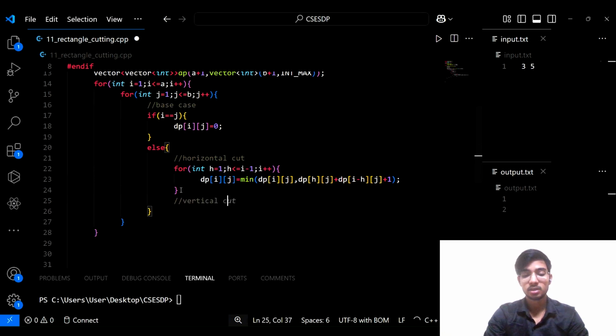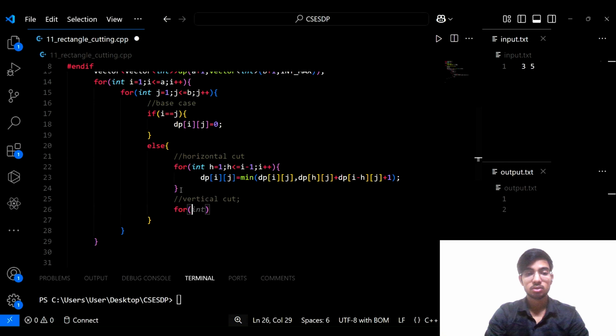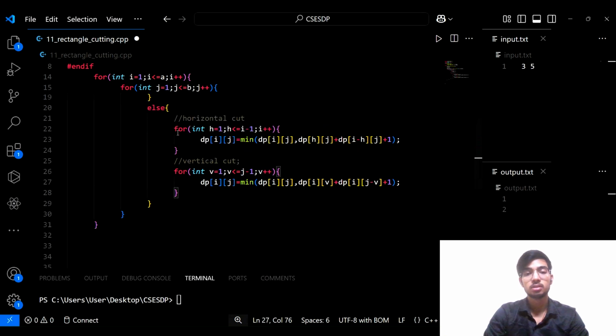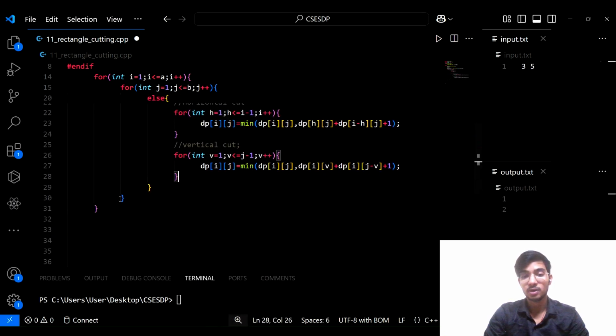Now we could make a vertical cut. So for int v equals 1, v less than or equal to j minus 1, v plus plus, we have to update it with the minimum possible answer: dp of i j, dp of i v plus dp of i comma j minus v, plus 1. This is the transition for when we do a vertical cut, right?